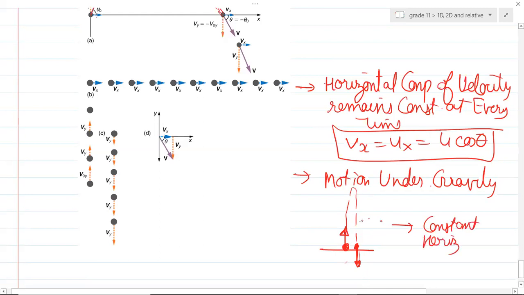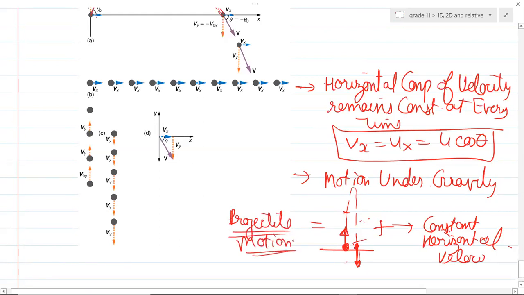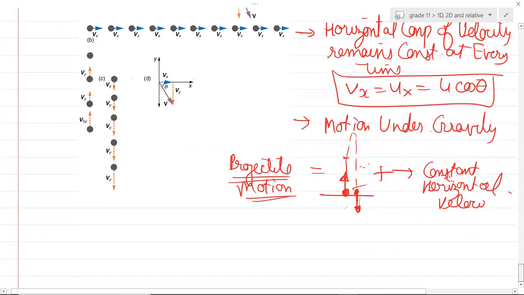So basically, club this motion and this motion together, you'll get the projectile. When you throw an object up, it will give the object a constant horizontal velocity as well. Along with this, this will be equal to your projectile motion. Is this clear? No need to write this, no need to draw it, but please remember this point. This is the fifth point.